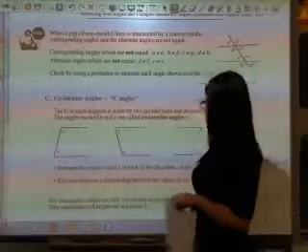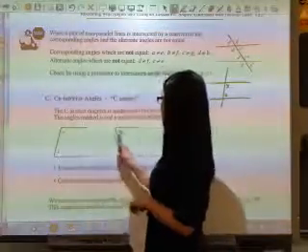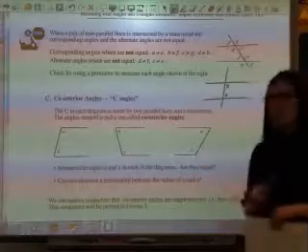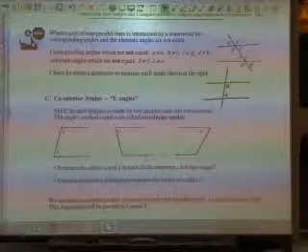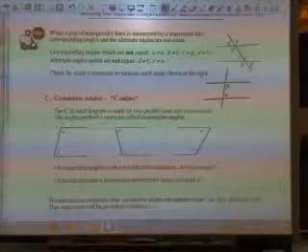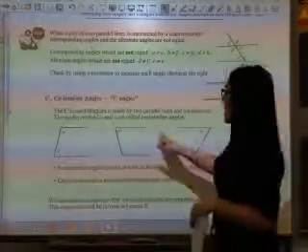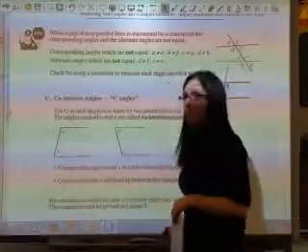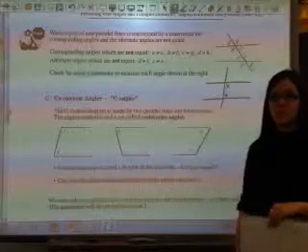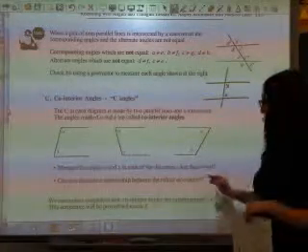So what I want you to do is measure these angles and write the measurements in and tell me what relationship you discover. So were my two angles in each of these diagrams equal to each other? Yes or no? No?